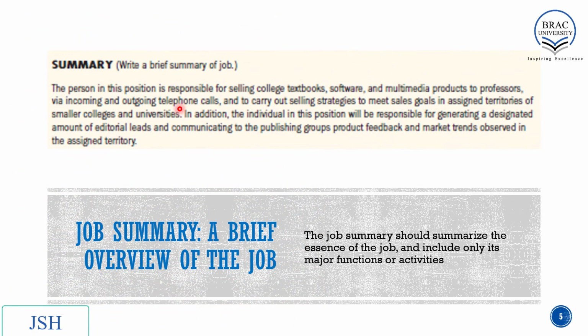What is that? This is basically a brief overview of the job. I would request you to read this para from here or from your book. Now, if you read this para, you will see that this is a brief summary of the responsibilities of the job. So again, this summary part describes the job itself. So this is also part of job description.